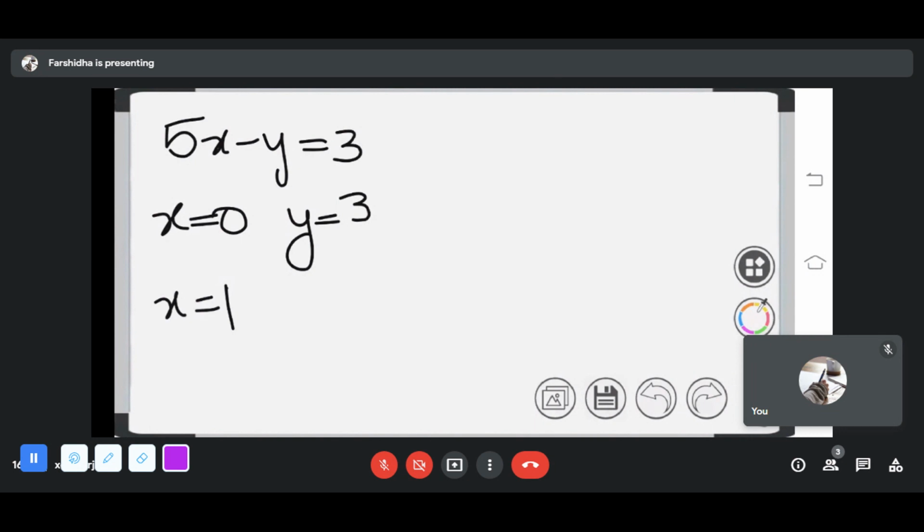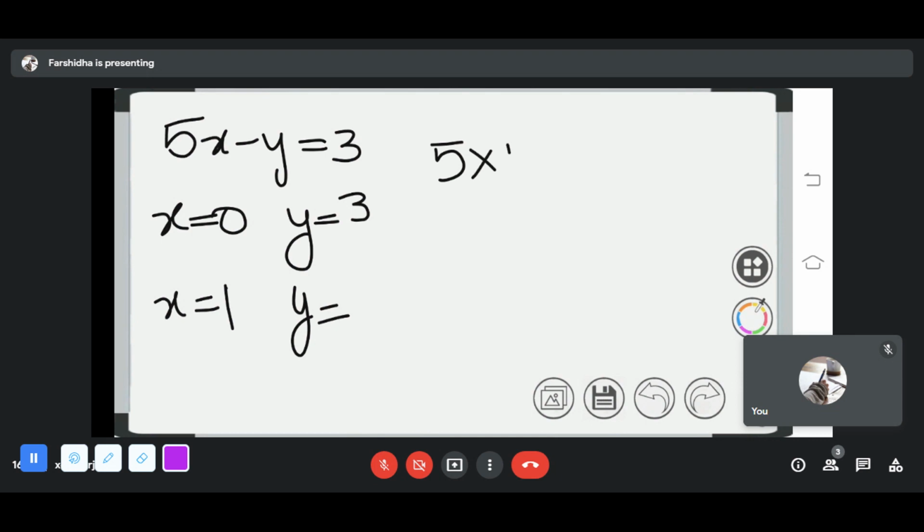Let x is equal to 1 and see what is the value of y. x is equal to 1 means 5 into 1 minus y is equal to 3. 5 minus y is equal to 3.